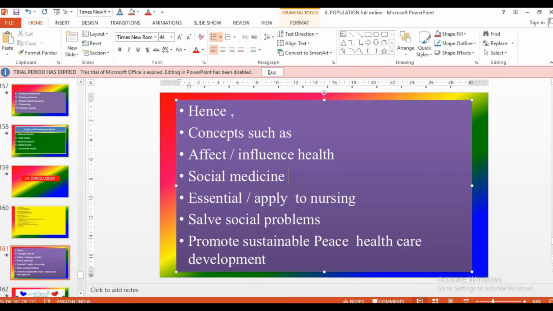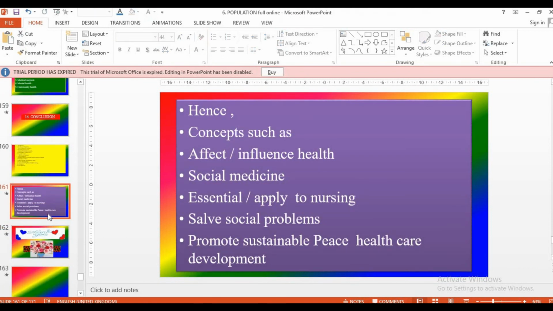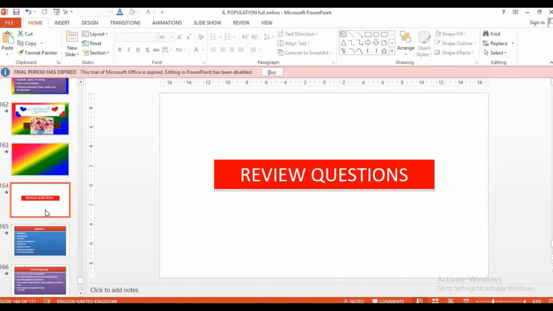So population study is essential to promote sustainable peace, health and development. The study of population is essential in nursing. Then important questions we will learn next class, review questions.